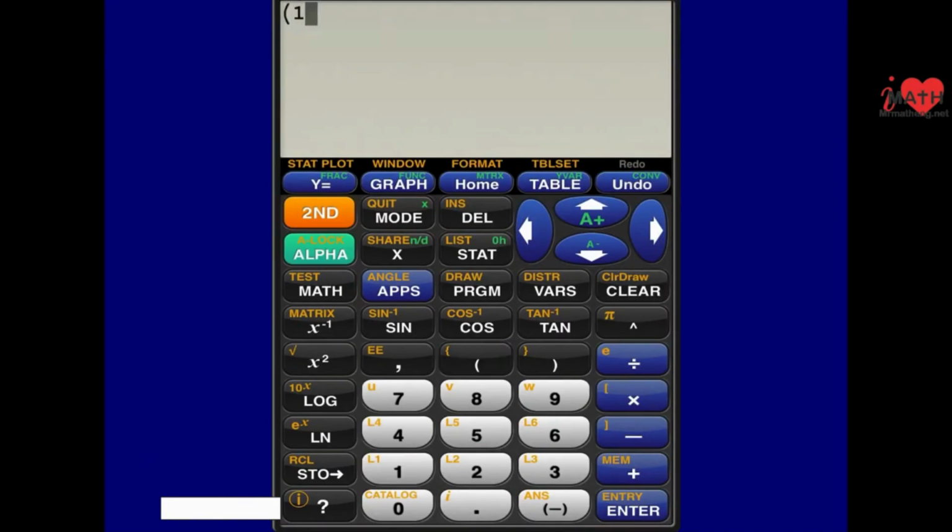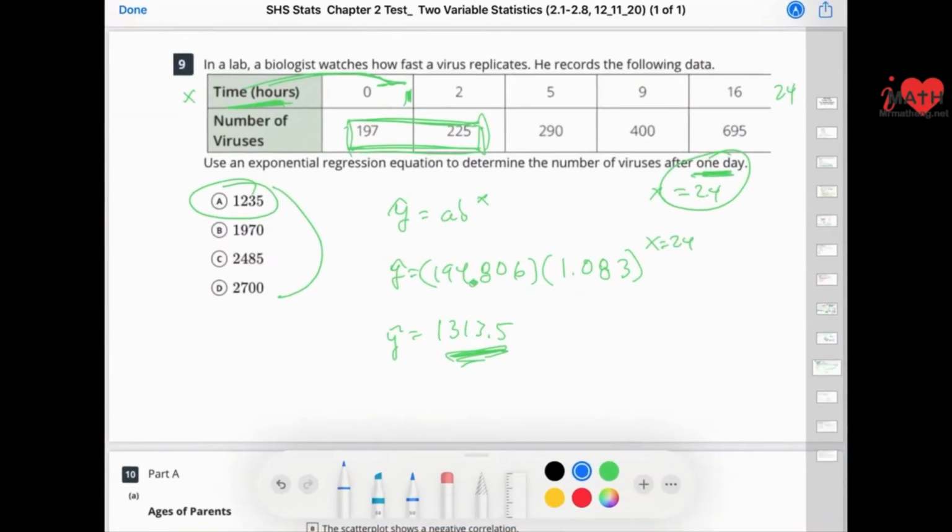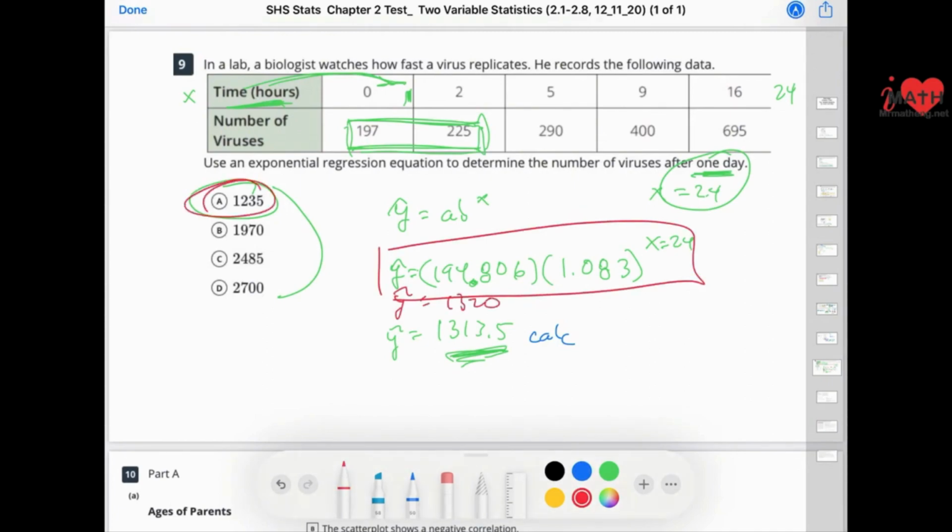All right, 194.806 times 1.083, caret 24. Okay, I got 1320. So this is the closest one here, and the answer is A.